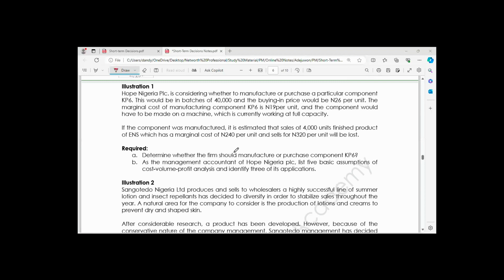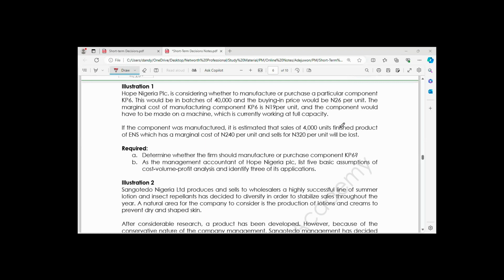Okay, let's start small. So let's start with illustration number one. Let me call one of you to read for us. Yes, Dorcas, can you please read? Okay, sir.